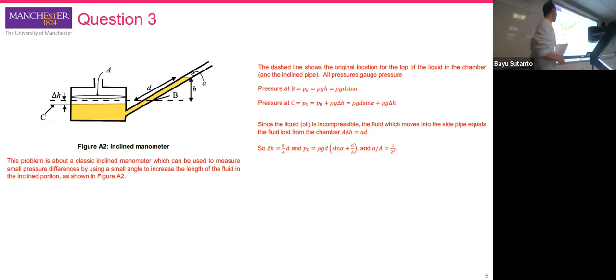So A is the cross-sectional area multiplied by delta H. This thickness will be equal to lowercase a, the cross-sectional area of the small pipe, multiplied by l. Even though there is a small inclination, we can neglect it because it is a very small area. So we have delta H equal to l multiplied by a divided by A.